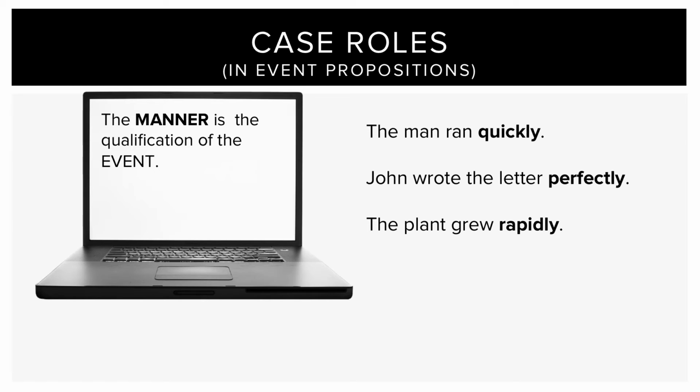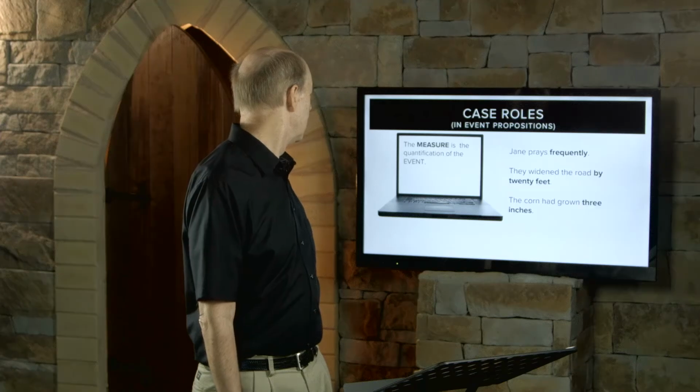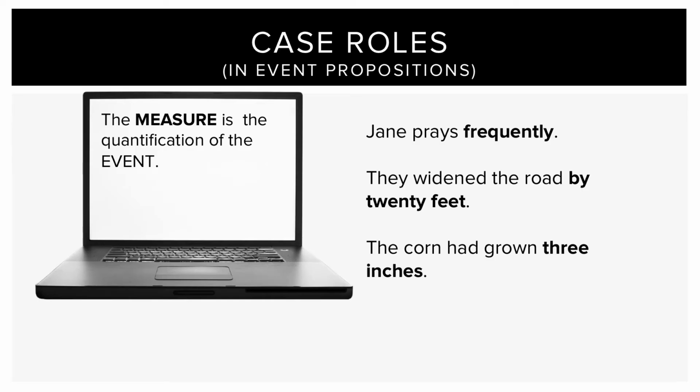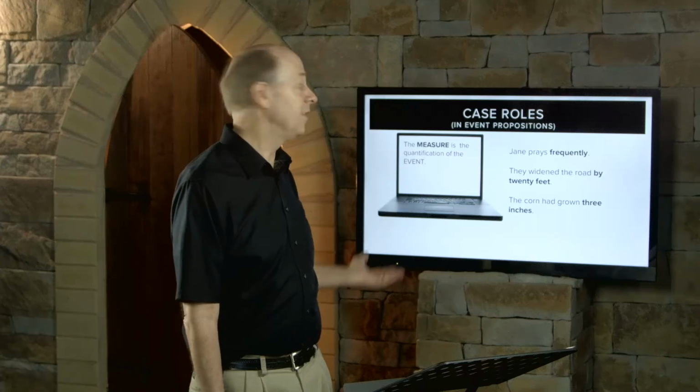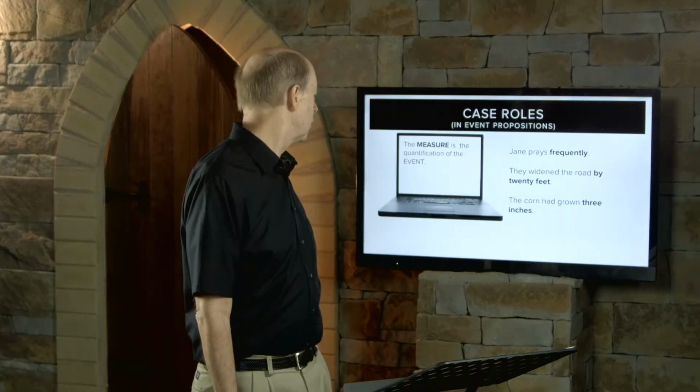John wrote the letter perfectly. The plant grew rapidly. The measure concept gives us the quantification of an event, answering the question, how much, how many, how often. Jane prays frequently. They widened the road by 20 feet. The corn had grown 3 inches.